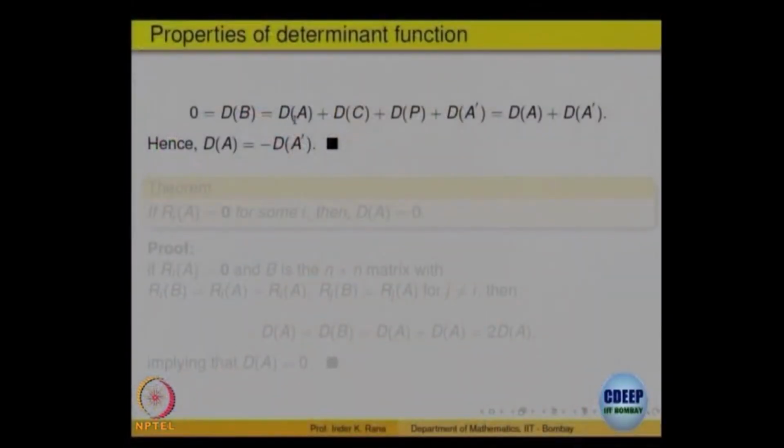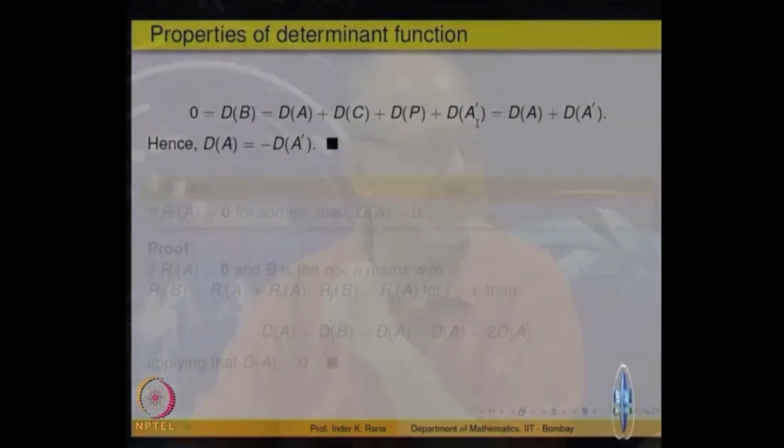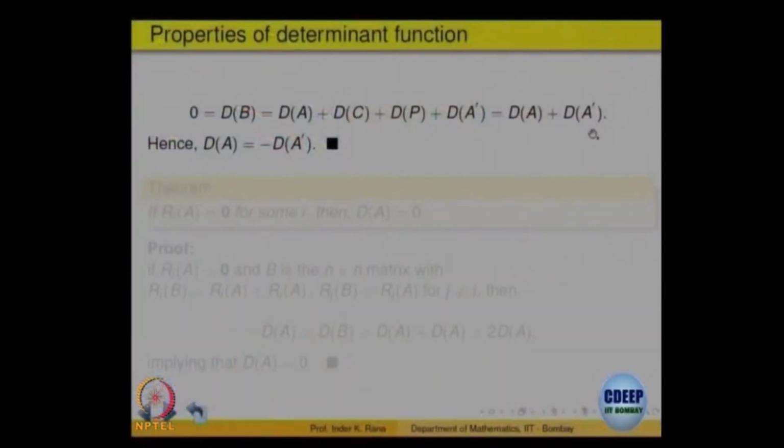A is the original one, Ij, right, D of C is Ii, this is Jj, identical, and A dash is where i and j are interchanged, right. So, using the property of linearity, the determinant of B, which had i plus j and i plus j, is 0. So, that is equal to this. D of C is 0, D of P is 0. So, what is it? D of A plus D of A dash. If these are 0, so what is D of A?